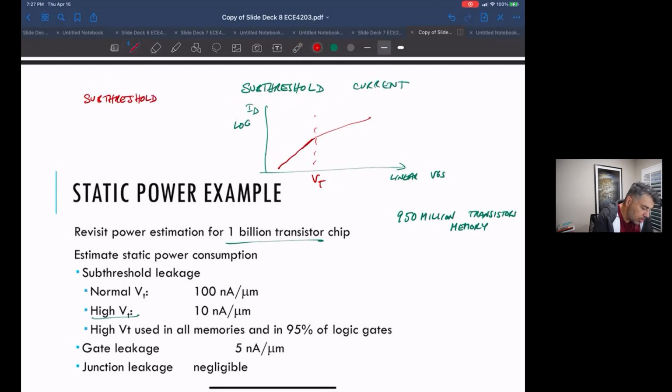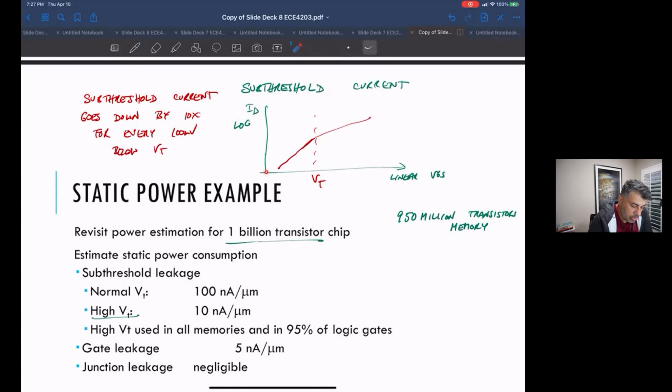And the subthreshold current goes down by 10x for every 100 millivolts you're below V sub t. Okay, and eventually you're going to be at zero, because when your transistor's off, your VGS is going to be zero.